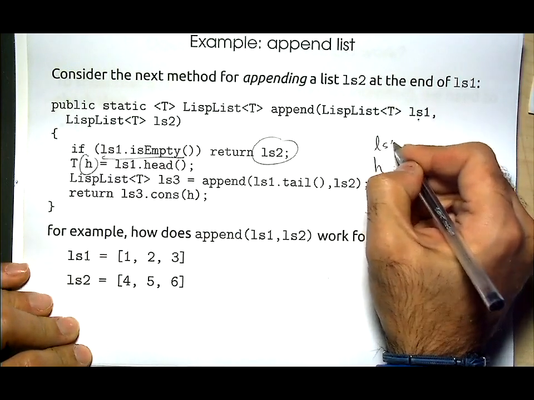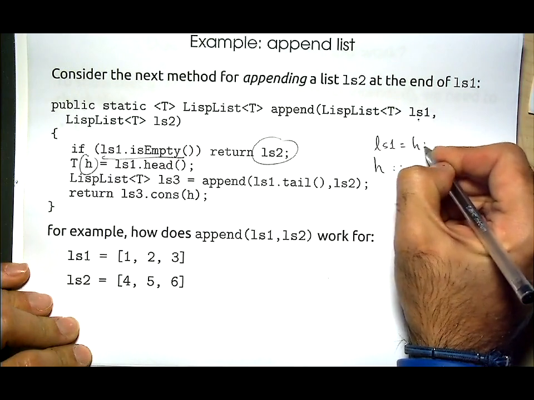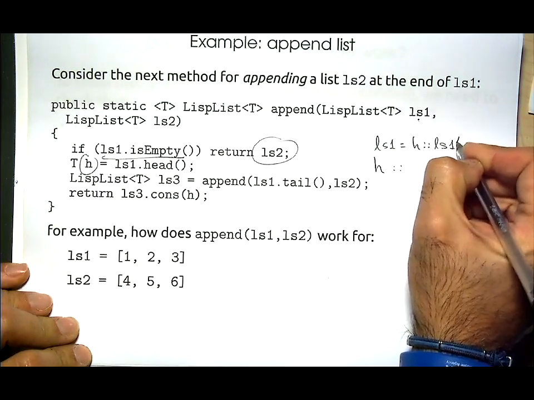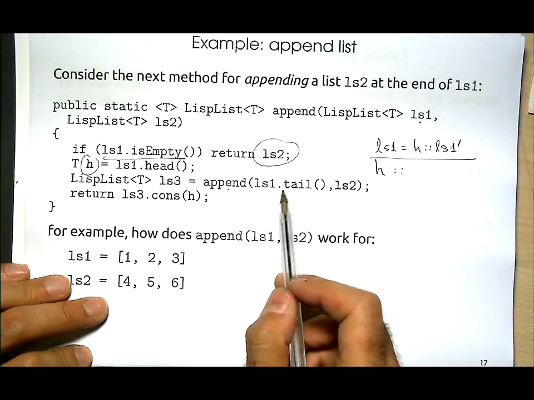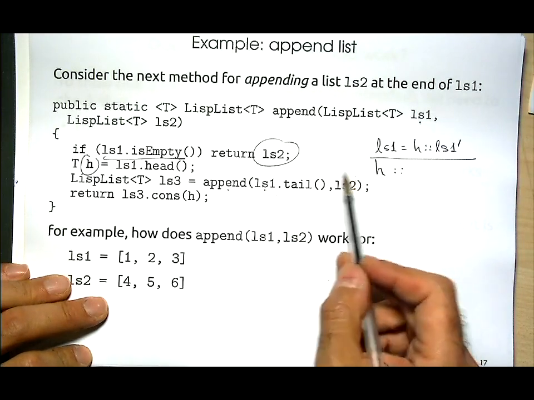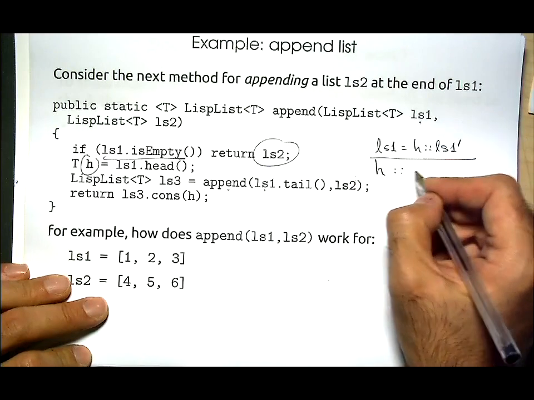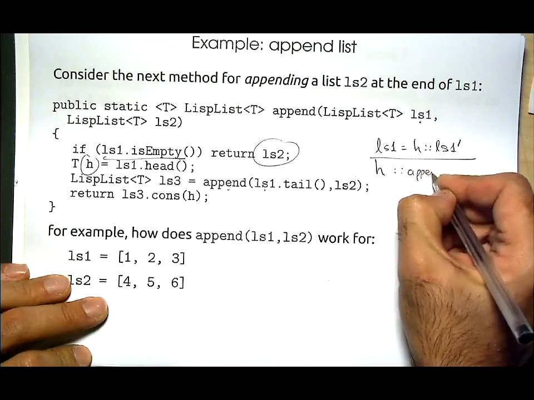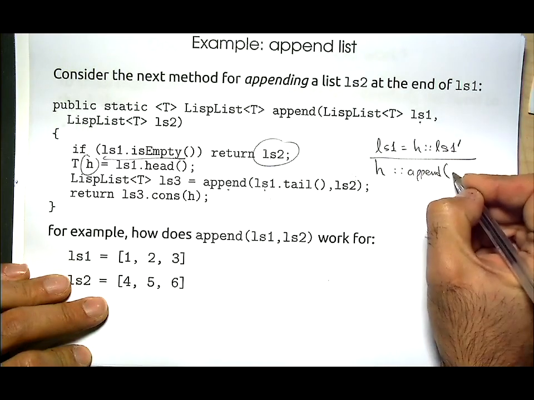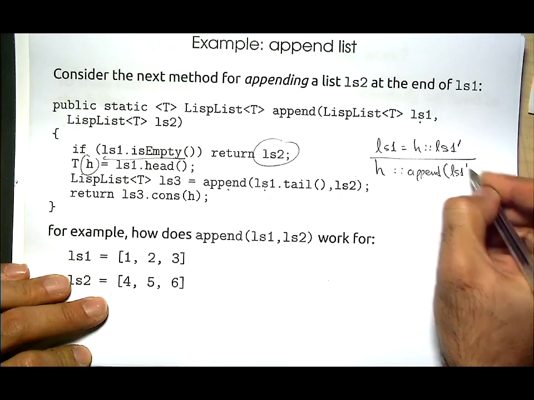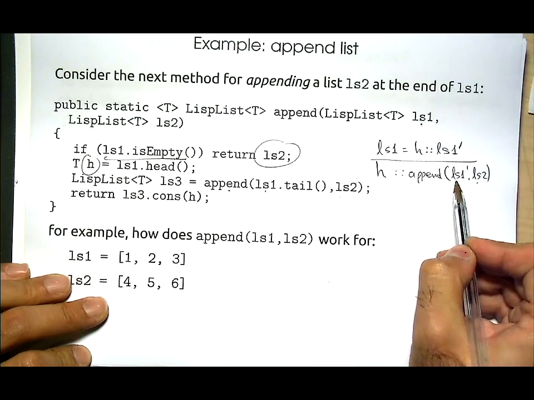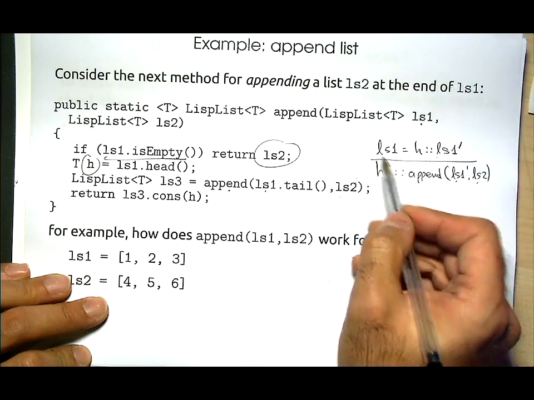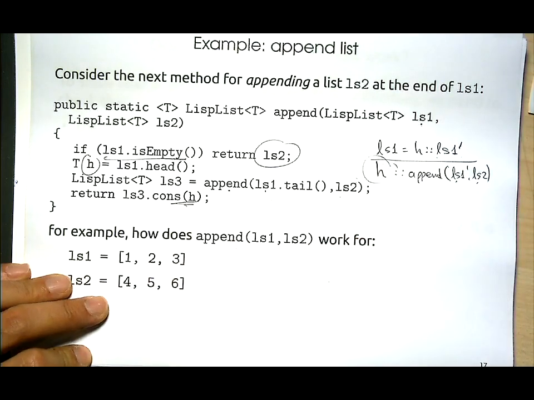So we have ls1 equal head, ls1 prime. How do I append? We say, okay, append ls2 to the tail of ls1, then put h back, and return that.